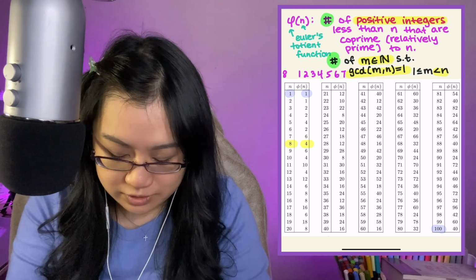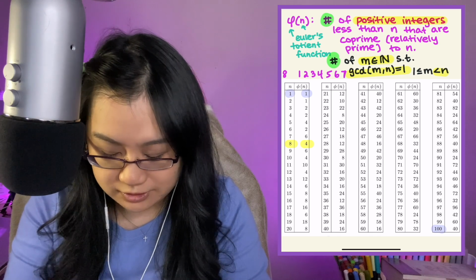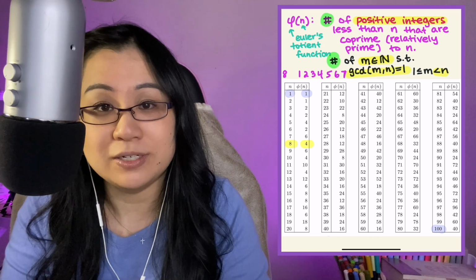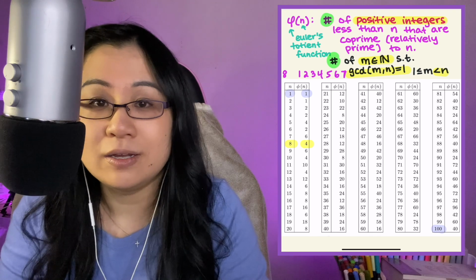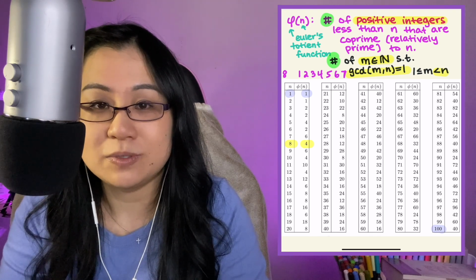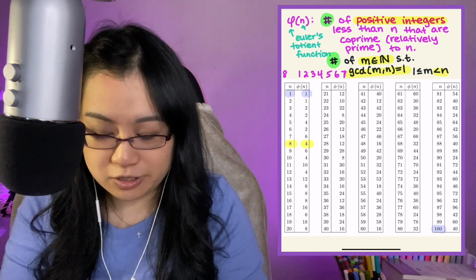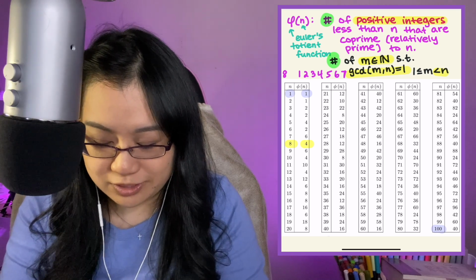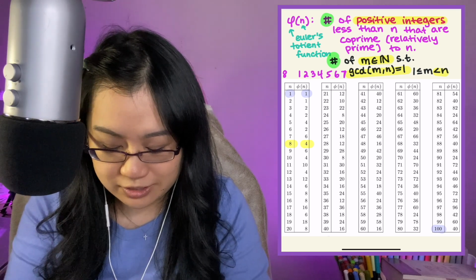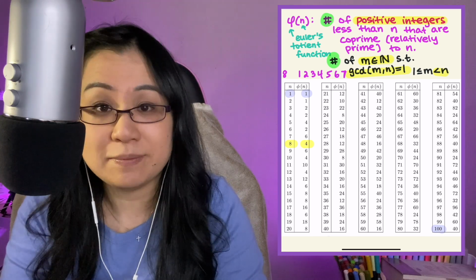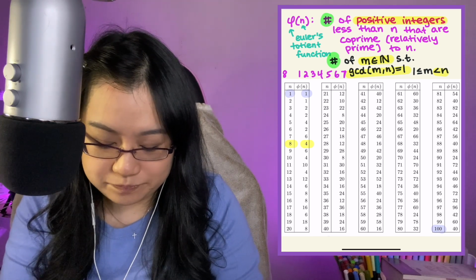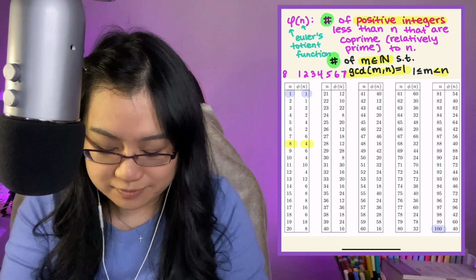Note that technically you can go up to 8, but 8 and 8 will never be relatively prime because 8 will go into both of them, which is automatically not 1. So that's why we have a less than n on this side. You can just go up to n minus 1, because you don't have to test 8 again.